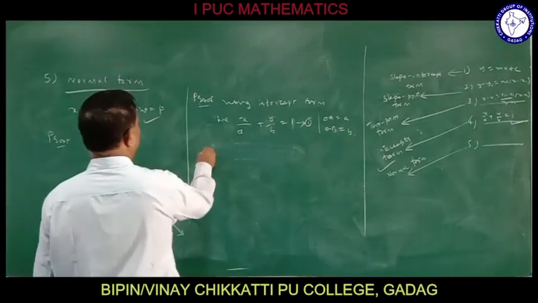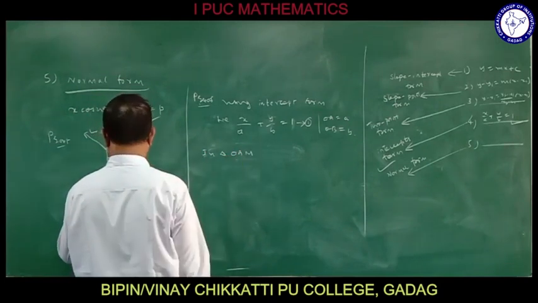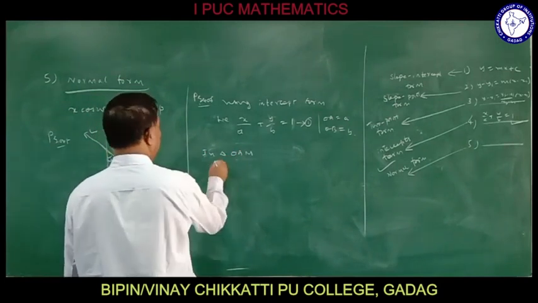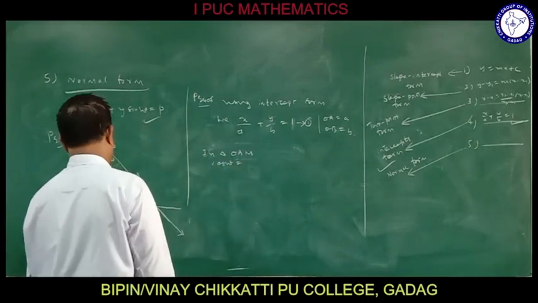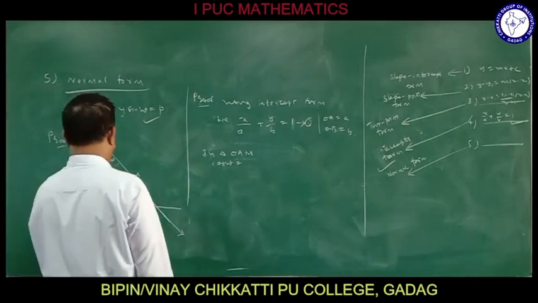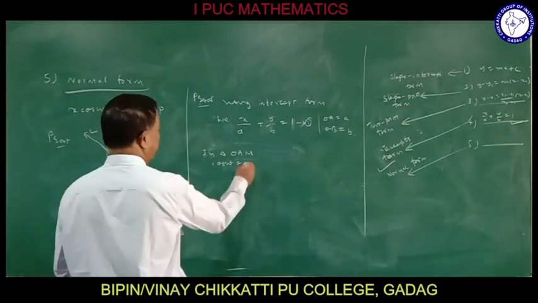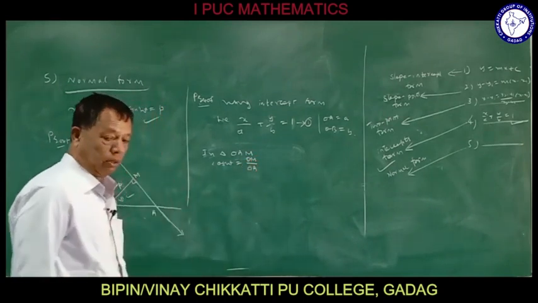Look at this. In triangle OAM, a right angle triangle, cos omega equals the adjacent side over the hypotenuse, OM upon OA.